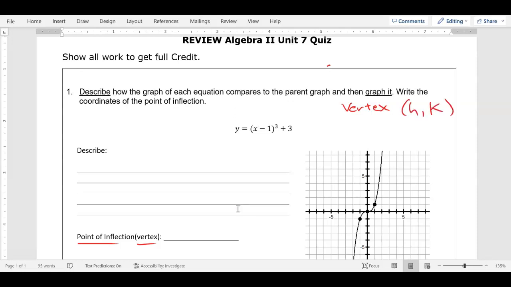This is h and this is k, but insiders lie. So that means my vertex is going to be, instead of -1, +1, and then my k is 3. So 1 comma 3.